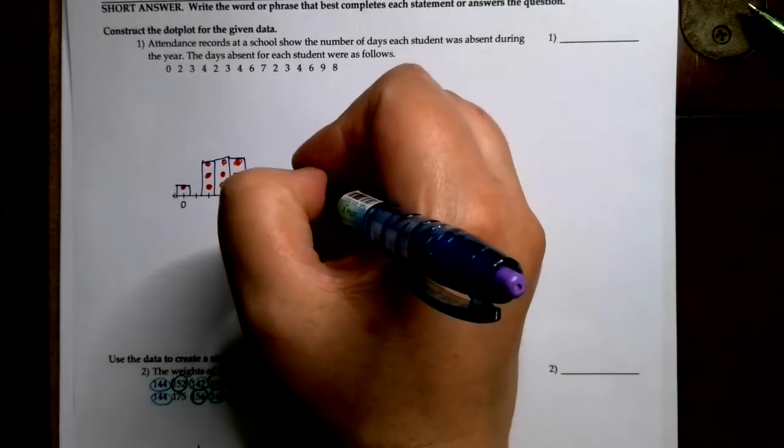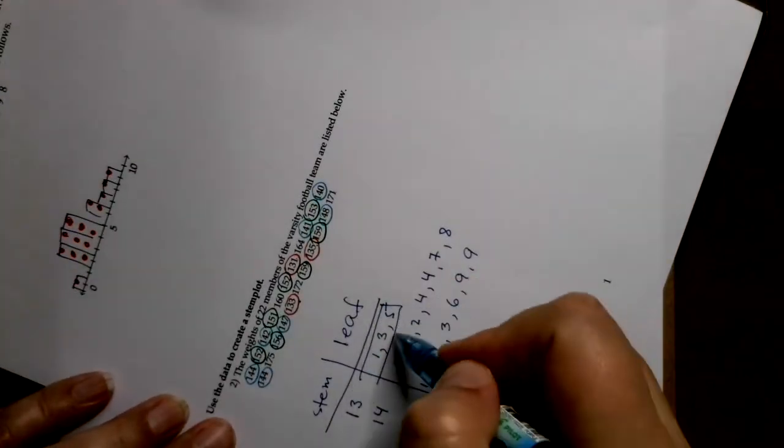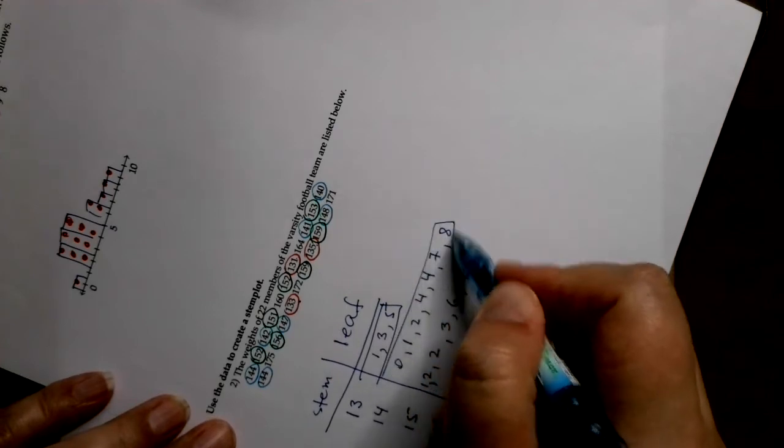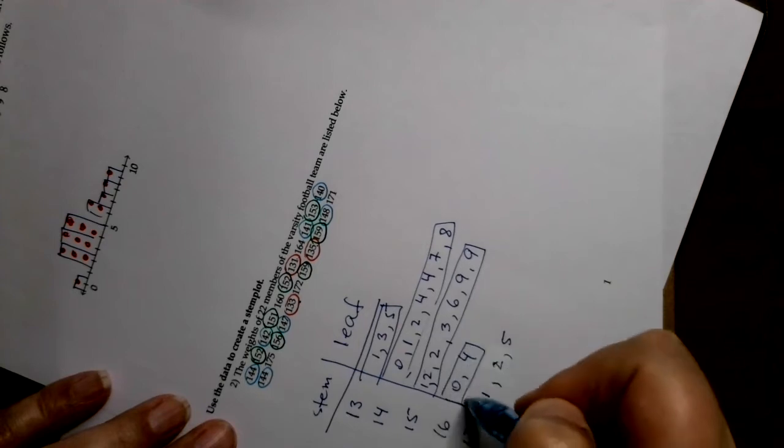So it reminds us of a bar chart or a histogram. A stem and leaf plot is also similar if we turn it around and do the bars this way. It will also remind us of that bar graph or histogram.